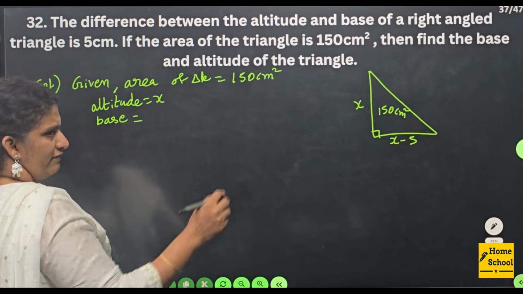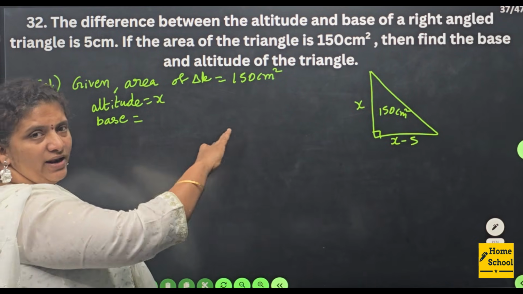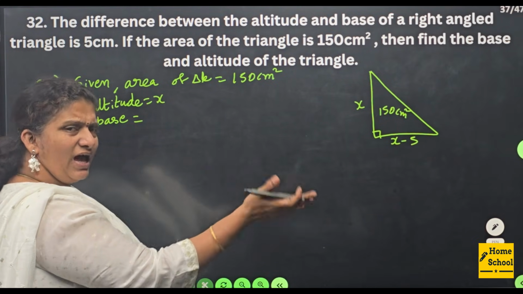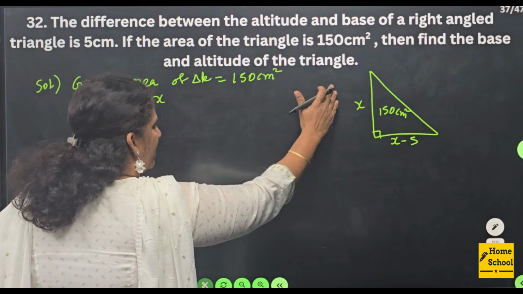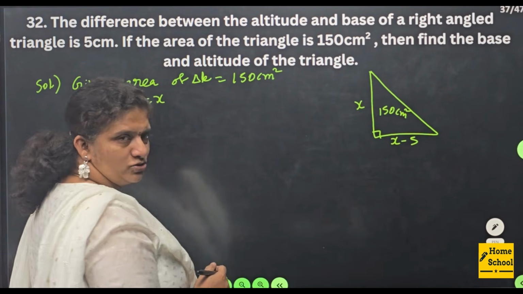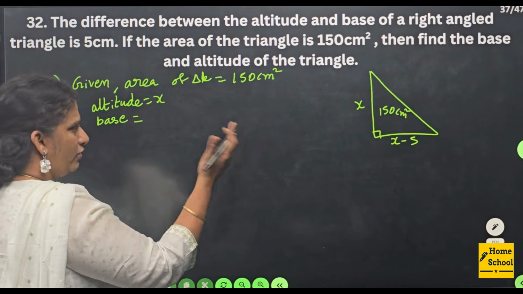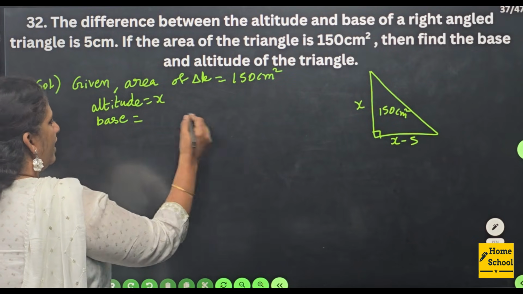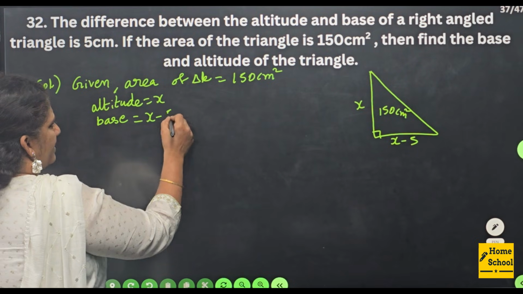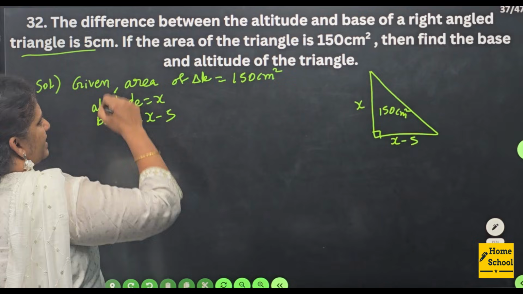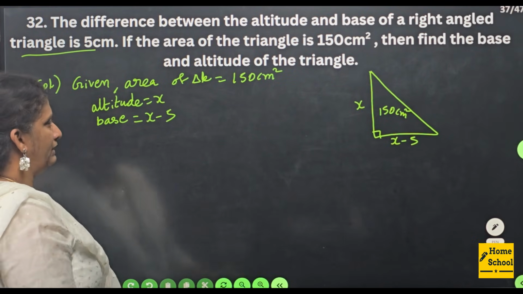Base and altitude difference is 5. Either altitude or base, you take x minus 5 and x. Anyone you can interchange. This you can write here and this x you can write here also, no problem. Both of them difference is 5, no? Anything you can interchange there. So here I have considered base as x minus 5. Due to this, difference of this base and altitude is 5 centimeter.